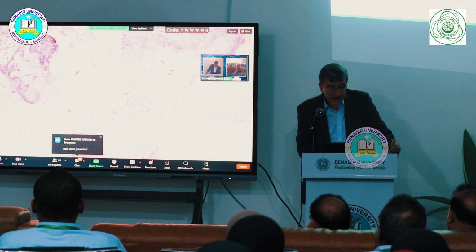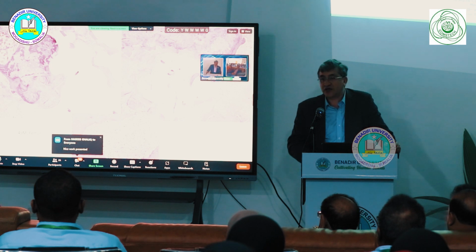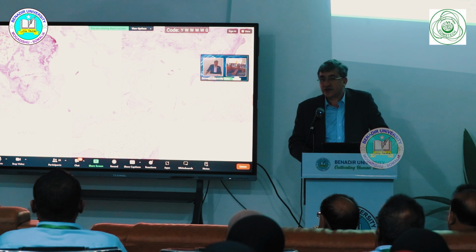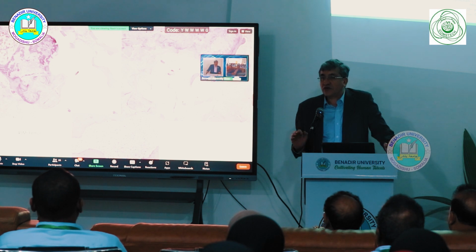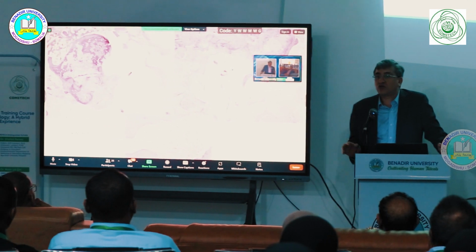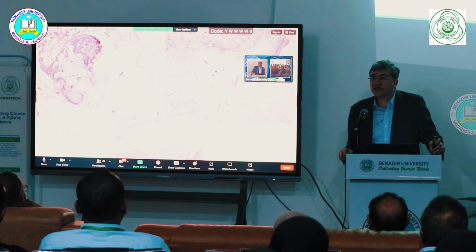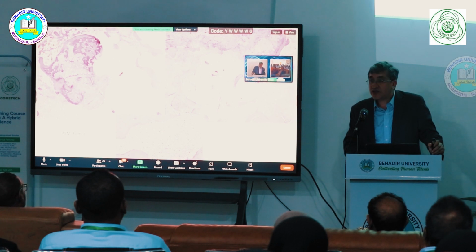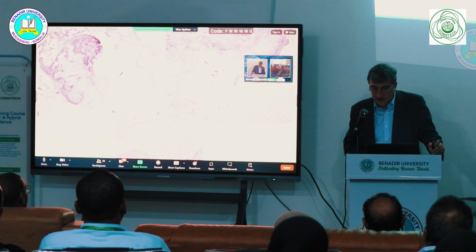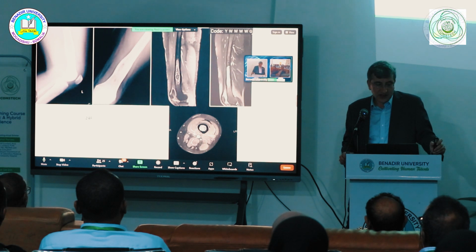So what happens if a biopsy takes only this part? Chondrosarcoma can have areas of enchondroma from which it is transformed into the chondrosarcoma. So this challenge can be faced by any surgical pathologist, and it happened to us as well.